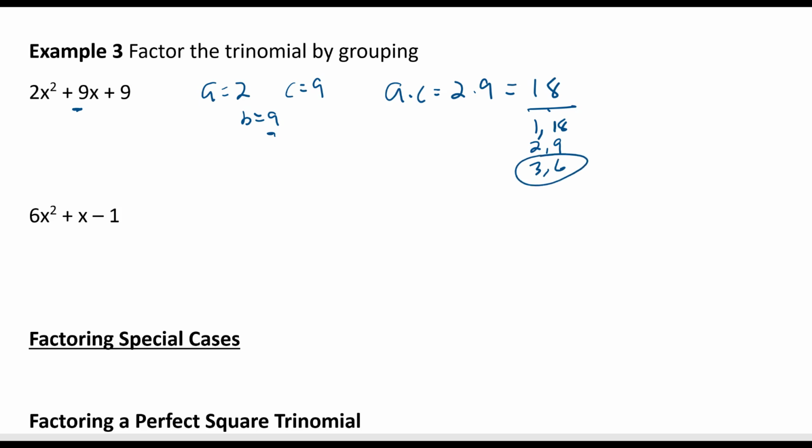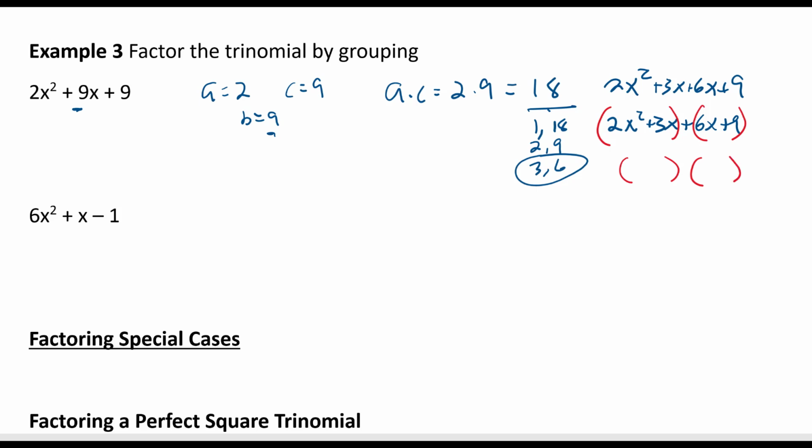But we're not finished. So we have this 2x squared plus, and it's really your call what you want to go with here. I'm going to go with 3x plus 6x plus 9. So we have 2x squared plus 3x plus 6x plus 9. I can group the first pair together and the second pair together.